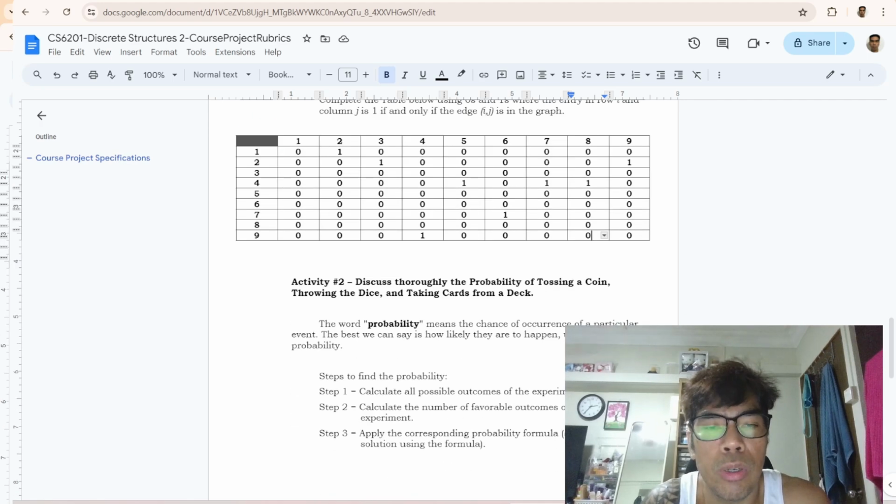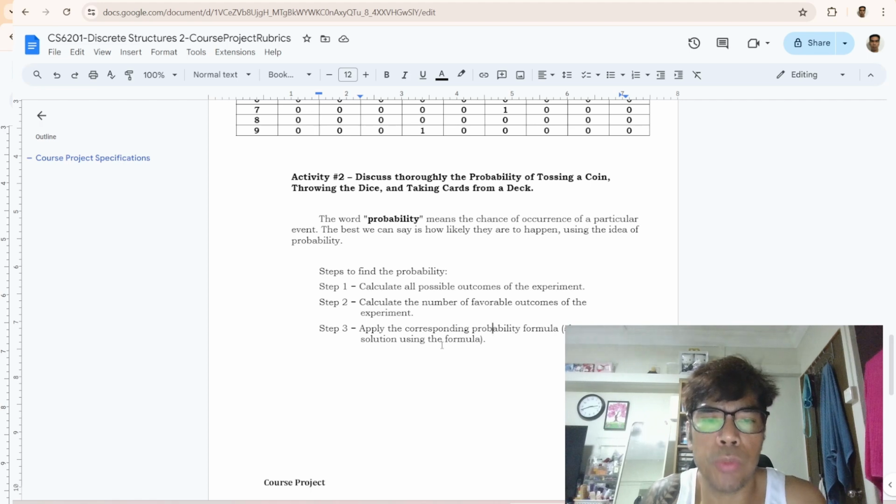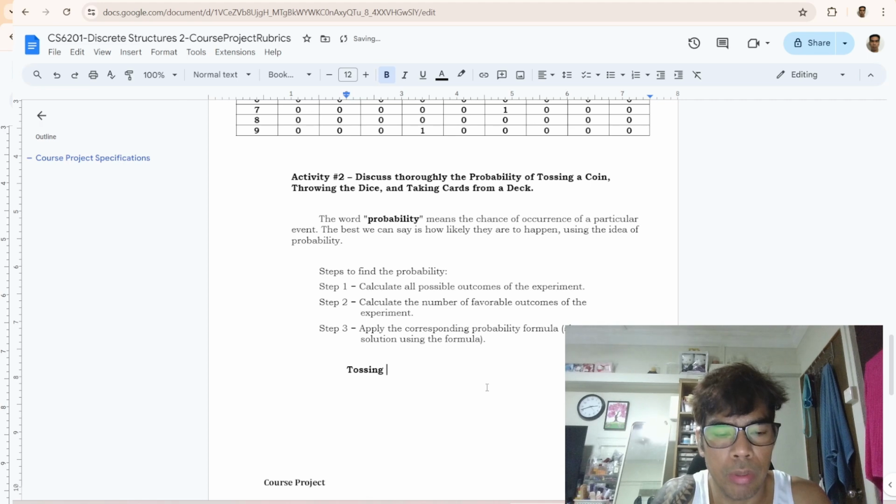Okay. Now we go to activity number 2 for the probability, possible outcome, and favorable outcome. There are three requirements: tossing a coin, throwing a dice, and taking cards from a deck. First, we will discuss tossing a coin. In tossing a coin, we have two faces, heads or tails.